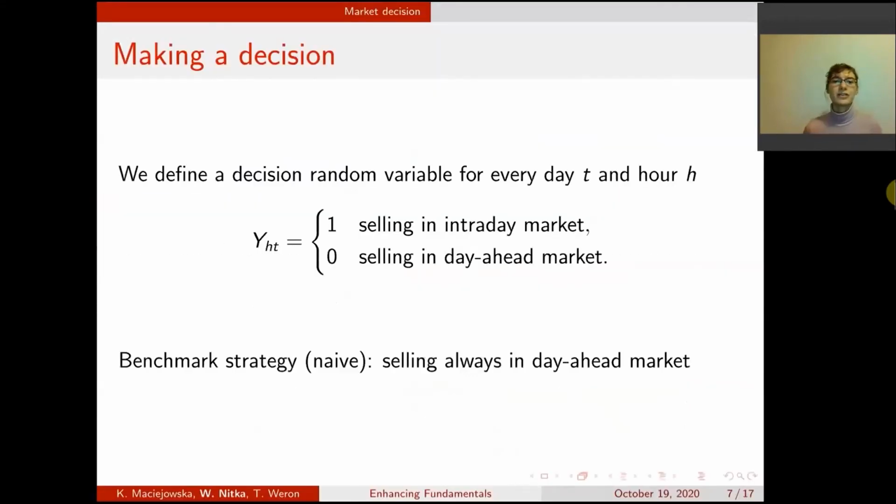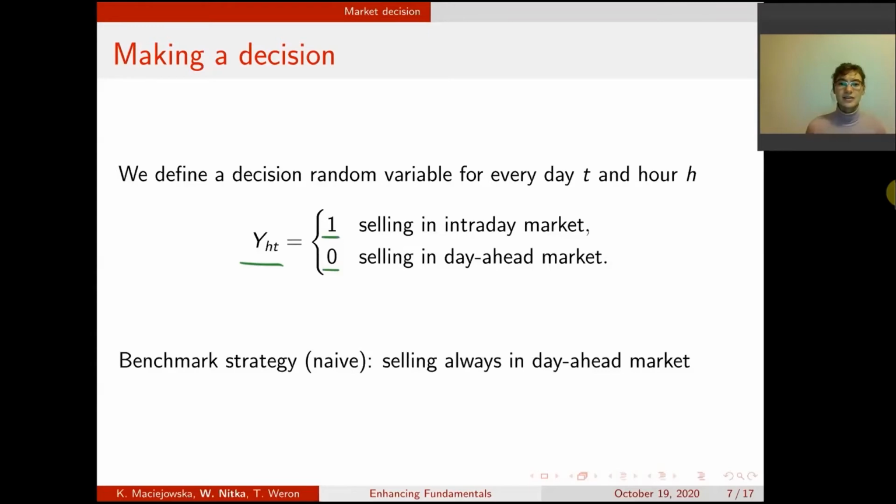So we can define our decision by setting up a random variable y, and we set this random variable to 1 if at day t and hour of the day h we sell in the intraday market, and otherwise we set it to 0 if we decide to sell the electricity in the day-ahead market.